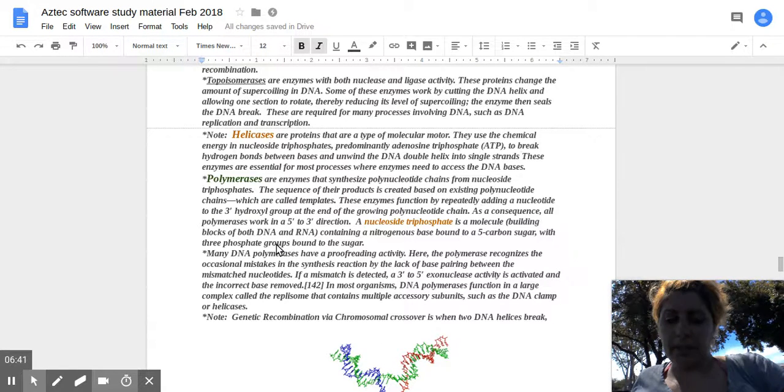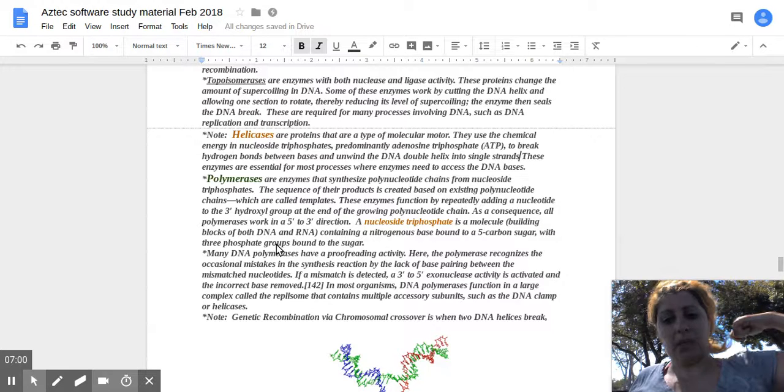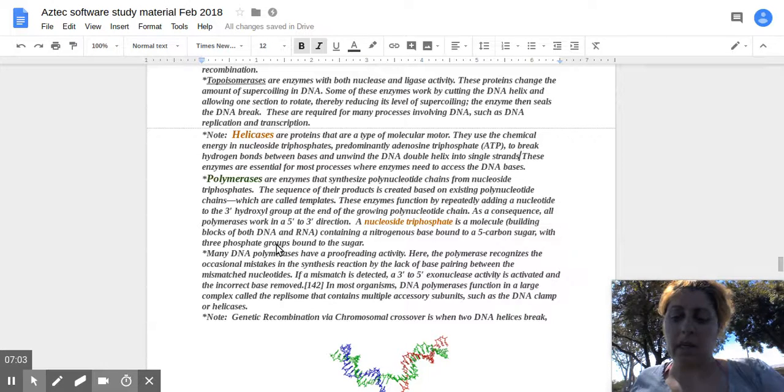From DNA to RNA, two of the phosphate groups come off, and with the energy that they release, you have the mRNA chain formed, lacking two phosphate groups. So instead of DNA, you get RNA. Instead of deoxyribonucleic acid, you get just ribonucleic acid.